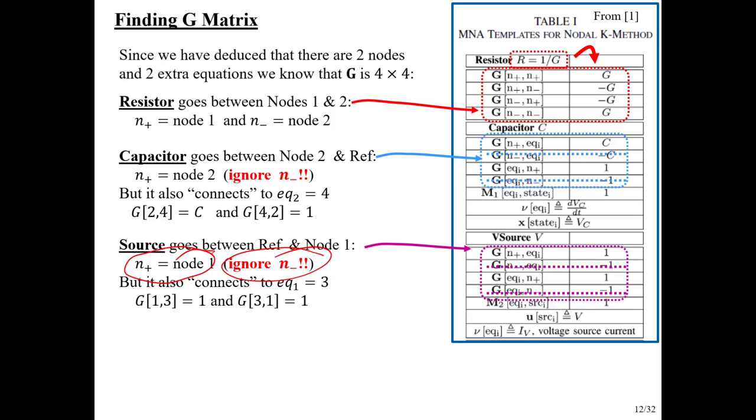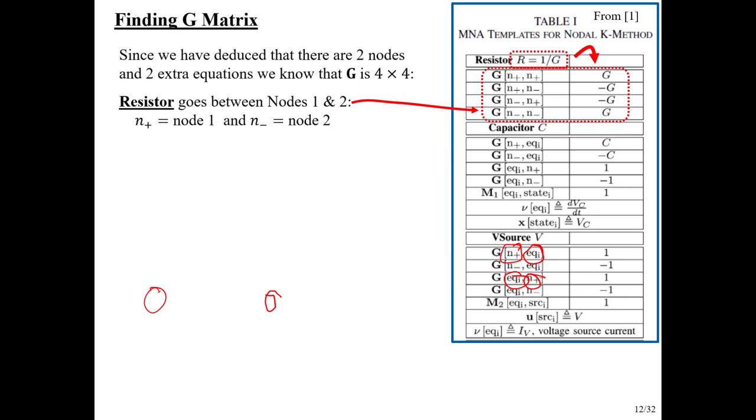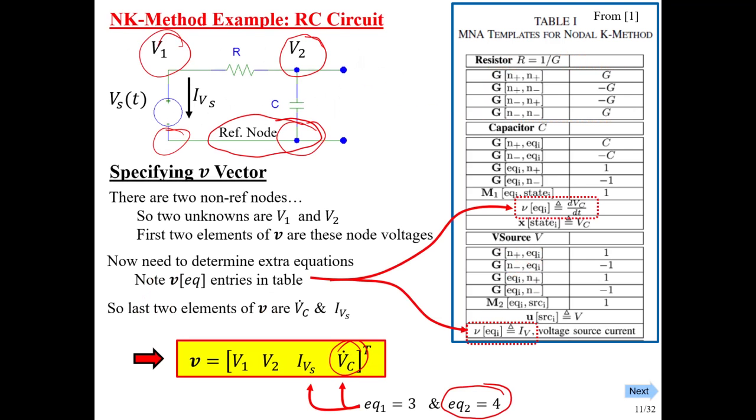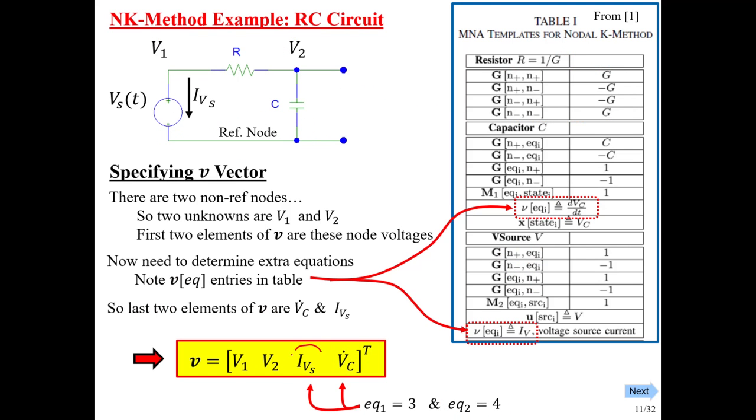We always ignore the node that's connected to the reference node. So I've crossed off the 2 here that have N minus in it. So those are gone, and I'm left with just 2 elements, N plus and N plus. So that's a 1 here and a 1 here. But we have to also connect to the right equation. Well, this is for the V source. So we come back here and we say the V source, well, there's the current from the source.